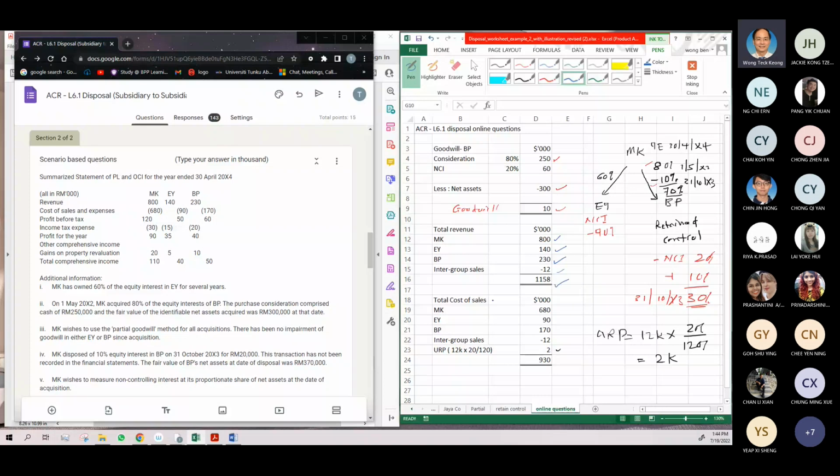Follow? So simple. Same thing for cost of sales: 680 for MK, EY 90, PP 170. You minus out intergroup sales and you plus back unrealized profit. When your cost of sales goes up, the profit goes down. Remember, plus, not minus. For intergroup sales, you use the selling price, the gross sales amount, to deduct.